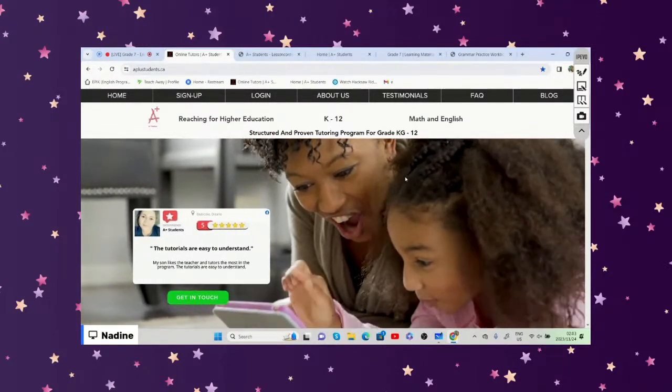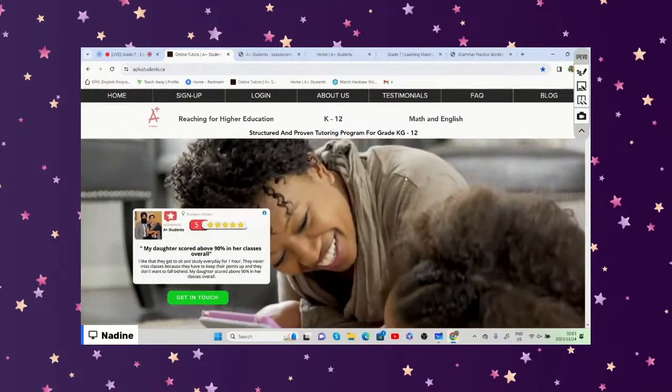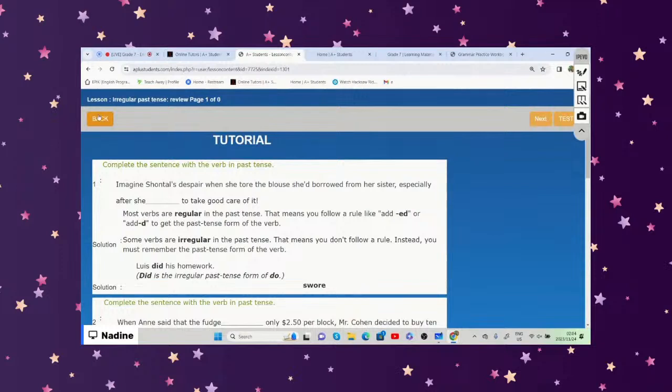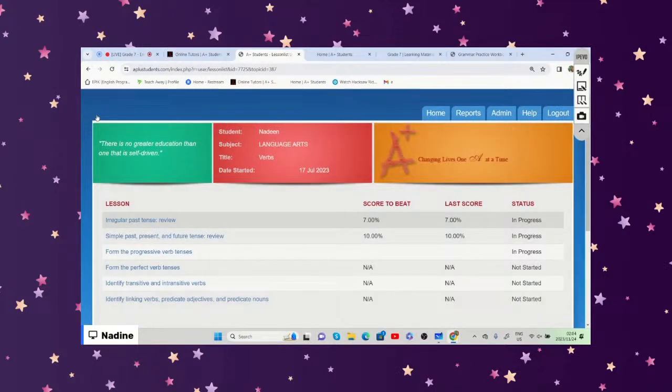Once we've selected grade 7, we're going to scroll down until we get to the chapter of irregular verbs.